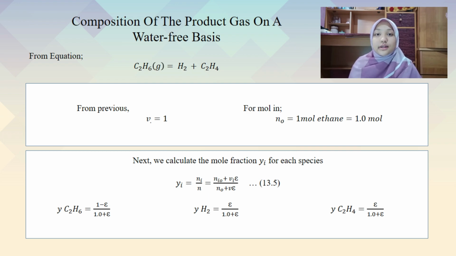Next we will calculate the mole fraction for each species using equation 13.5. As you can see, the equation is still the same as the previous one, but you need to replace the NO value. From the previous one, the NO value is 1.5 because it includes the steam. But in this part, you need to use the new NO, which is 1.0 mole. So just replace the NO value with the new mole without the steam. So this is your new equation. We will move to the next slide.